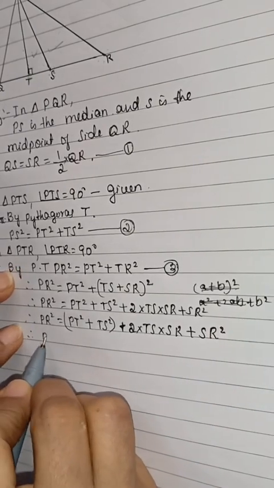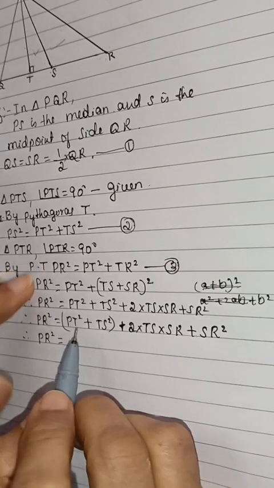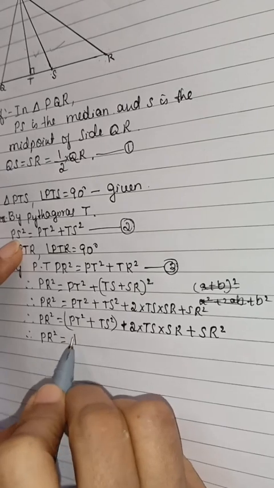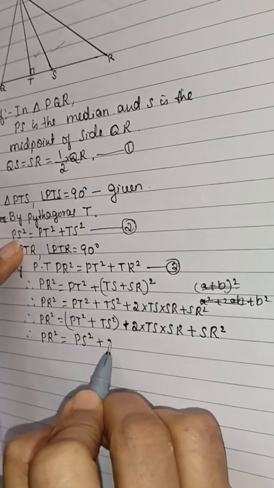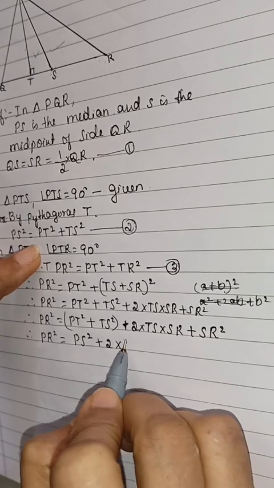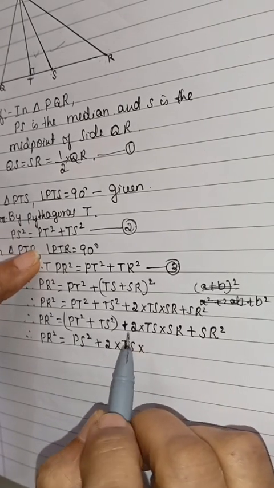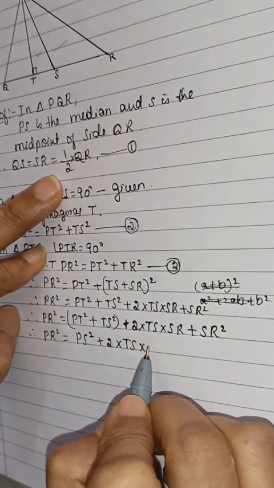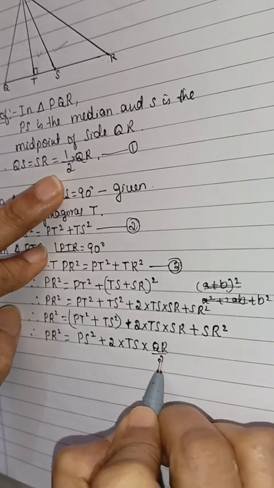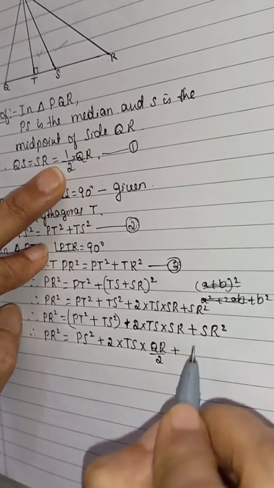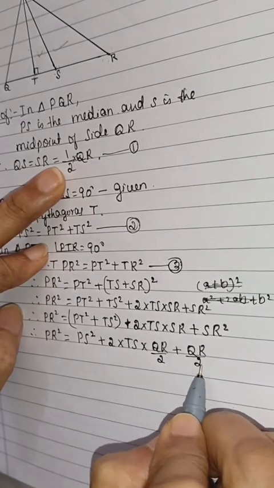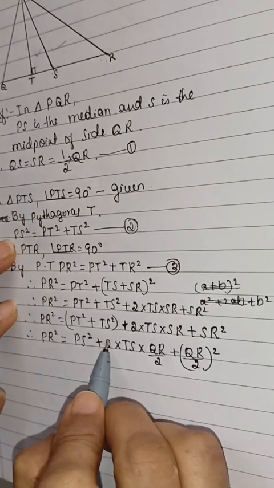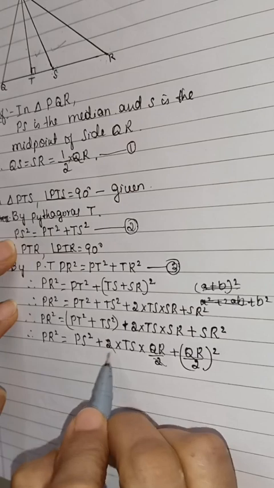Therefore, PR square equal to PS square, since PT square plus TS square is PS square, plus 2 into TS into SR. SR is half QR, that is QR by 2, plus again SR square, that is QR by 2 whole square. So this 2 has gone.